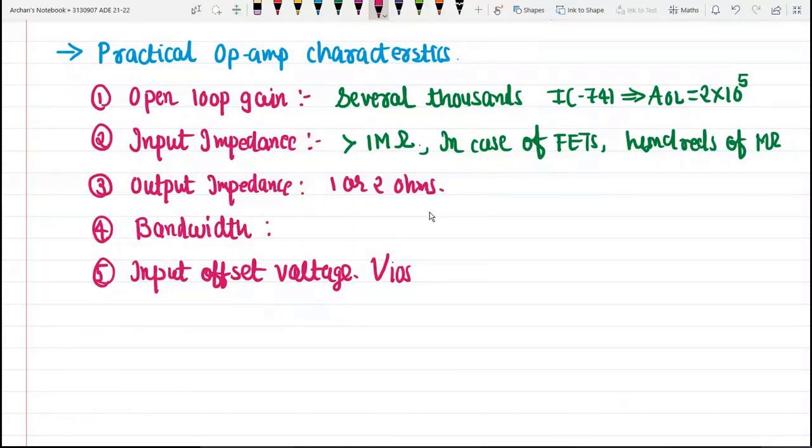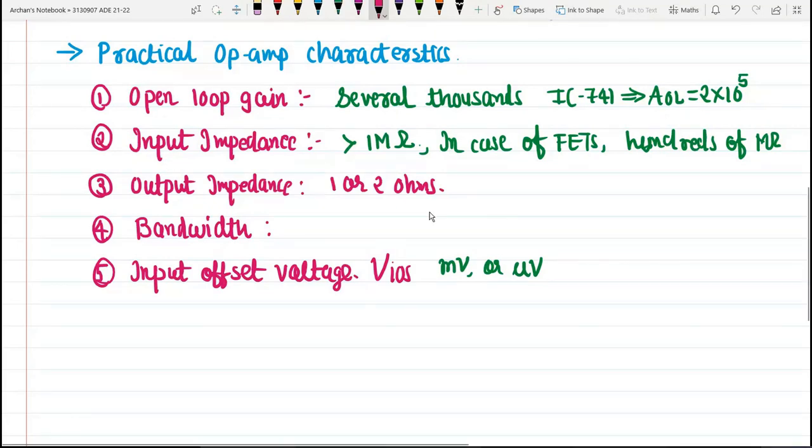Okay. So this input offset voltage generally depends on the value of temperature. Okay. A small amount of voltage in terms of millivolt or microvolt needs to be applied to any one of the terminals to make the output voltage equal to 0.